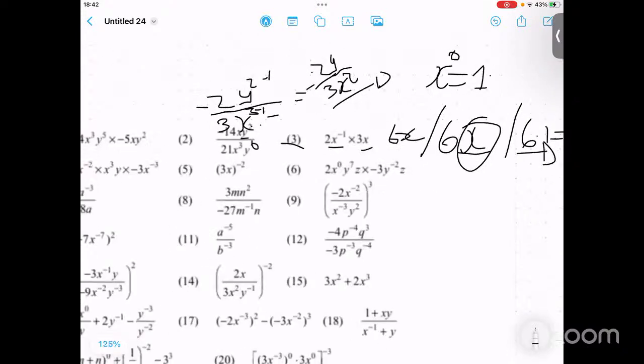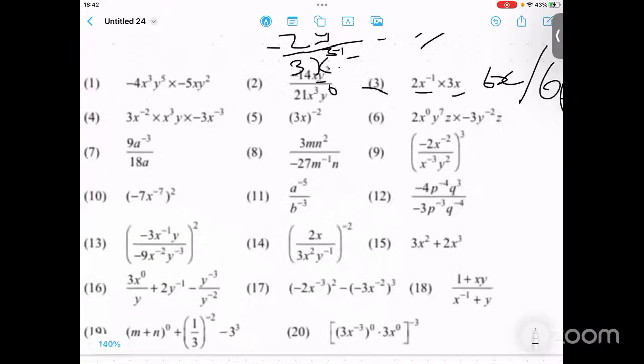Yes, ma'am. So the answer is going to be 6, just 6, because we have 2 multiplied by 3 is 6. x to the power of negative 1 multiplied by x is the same as x to the power of negative 1 plus 1, which is the same as 1 minus 1, which is 0.